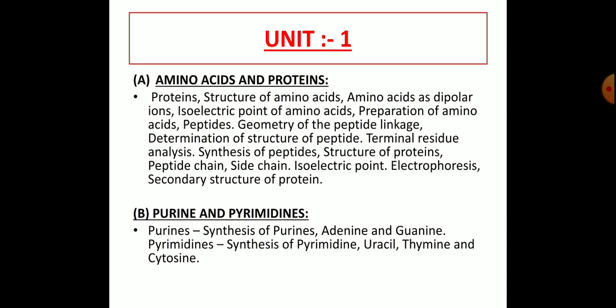Amino acids and proteins contain: structure of amino acids and dipolar ion, isoelectric point of amino acids, preparation of amino acids, peptides, geometry of the peptide linkage, determination of structure of peptides, terminal residue analysis, synthesis of peptides, structure of proteins, peptide chain, side chain, isoelectric point, electrophoresis, secondary structure of protein.